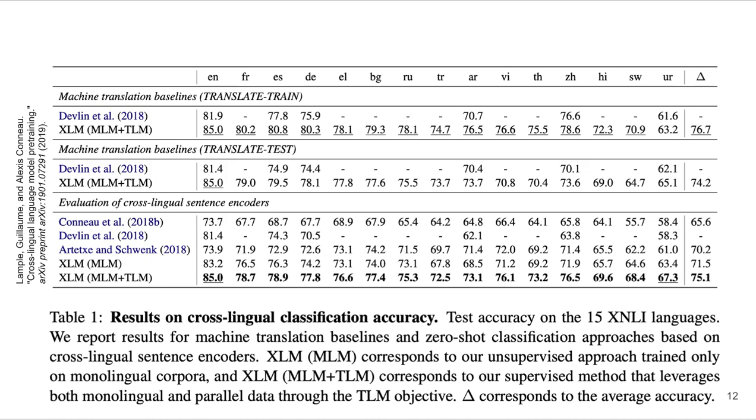If you look at the bottom row, XLM using the MLM and TLM pre-training objective performs the best across the board in comparison to other methods like Devlin et al. 2018, which is essentially the BERT model. The key here is that using the MLM and TLM objective performs the best. Unfortunately, the CLM does not perform as well, and we'll talk about that in more detail in the next tables.